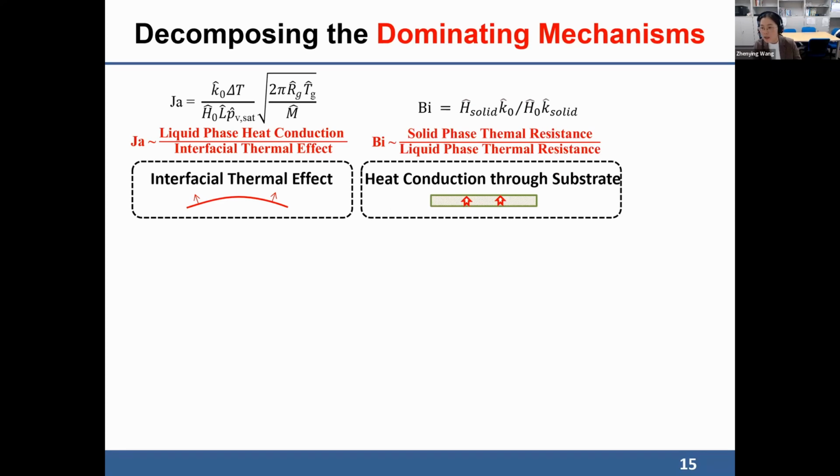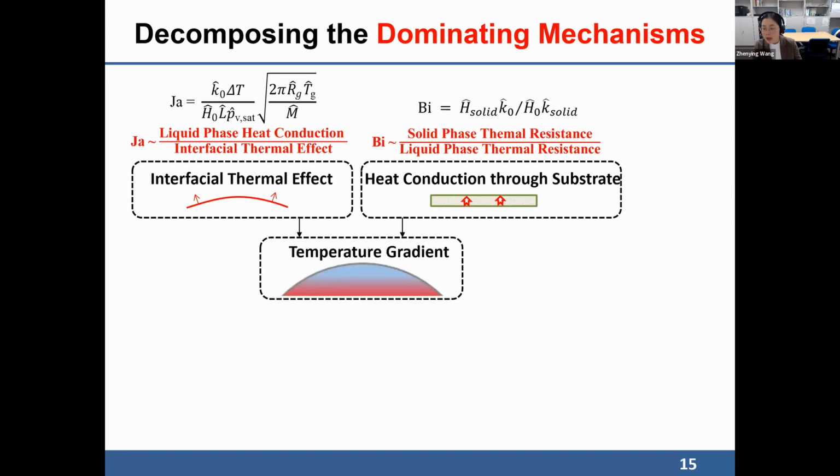The other is the Biot number, which represents the ability of heat dissipation into the substrate. The Jacob number and the Biot number decide the temperature field inside the droplet, which forms a temperature gradient across the droplet.